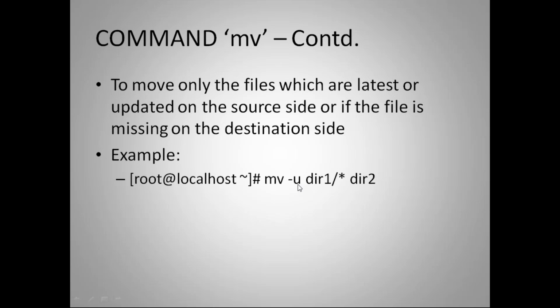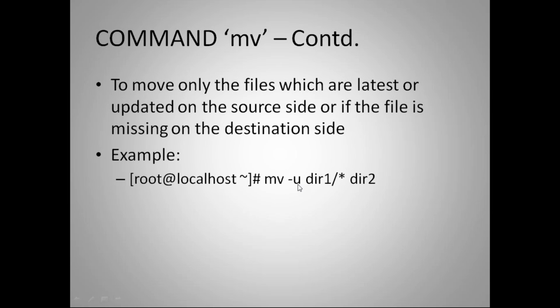Whereas file 2 is already present on the destination side, and the content is also not changed. So there are three files: file 1, file 2, file 3. File 1 has new content compared to file 1 of dir2. File 3 is not at all present on the destination, that is dir2.